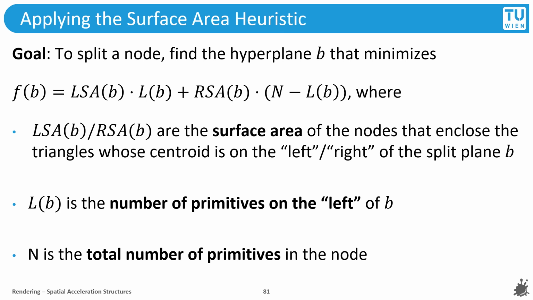And what this basically says is that the multiplication of the surface area of the node that encloses the triangles on the left side times the number of triangles that are on the left side of the hyperplane, plus the surface area of the node that encloses the triangles on the right side times the number of triangles that are on the right side, that value should be minimized and the hyperplane b should be chosen accordingly.